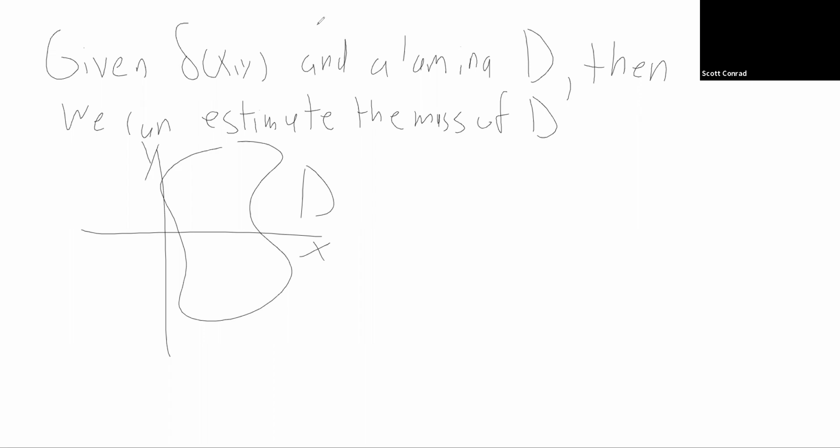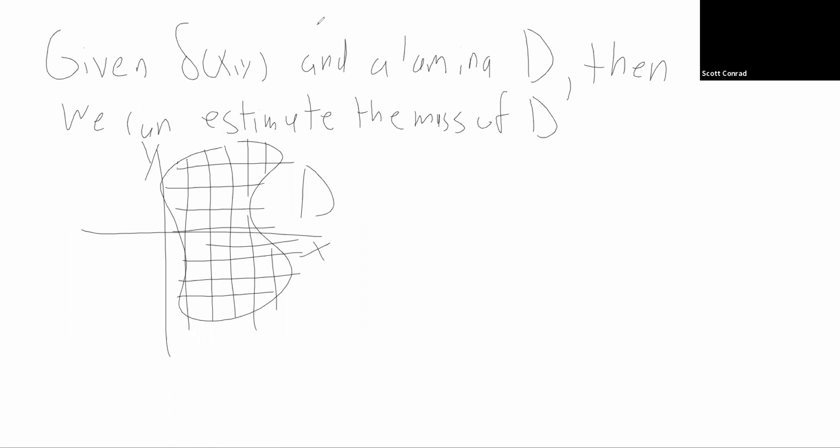So what we're going to do is we're going to break it up into pieces, each of which have area delta A, or roughly delta A. The ones on the edge don't, but as it gets smaller and smaller, it doesn't matter.